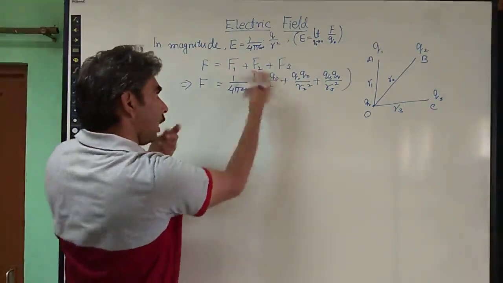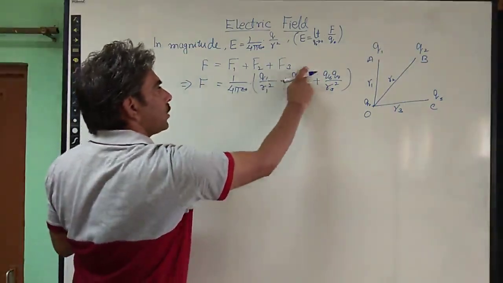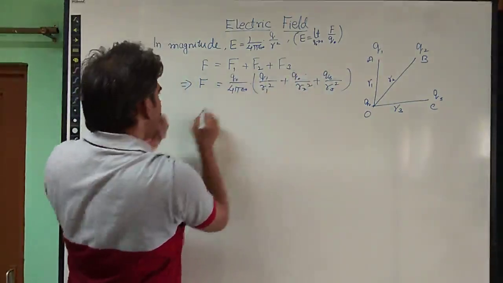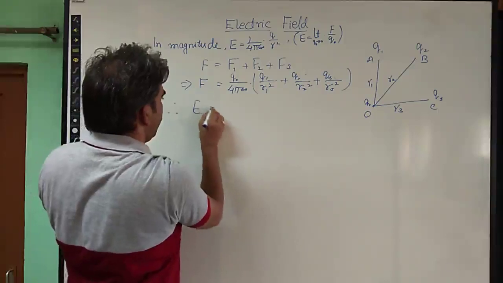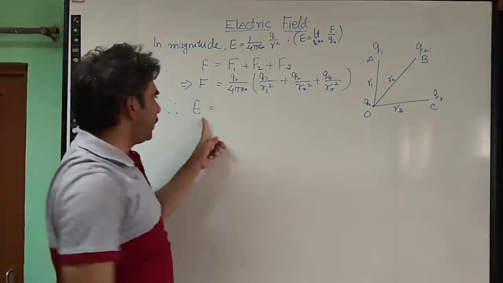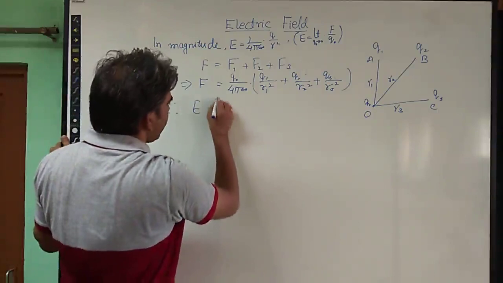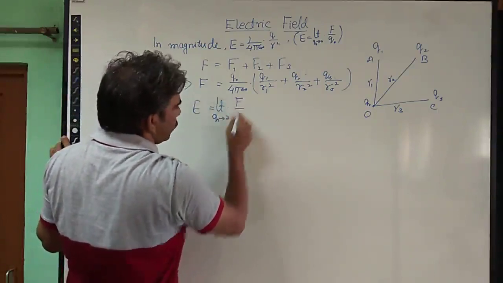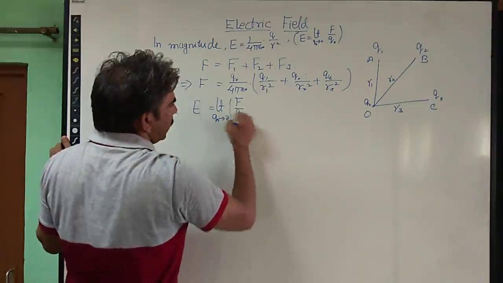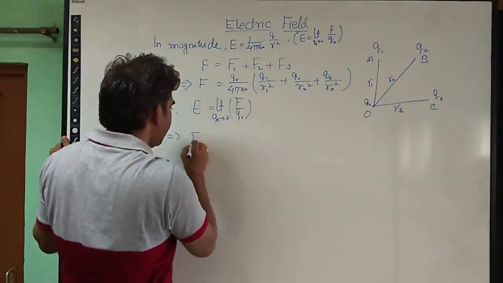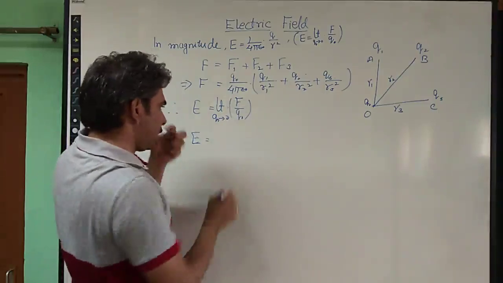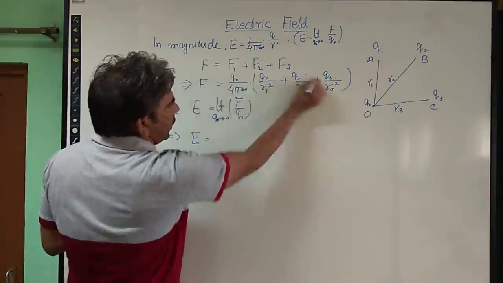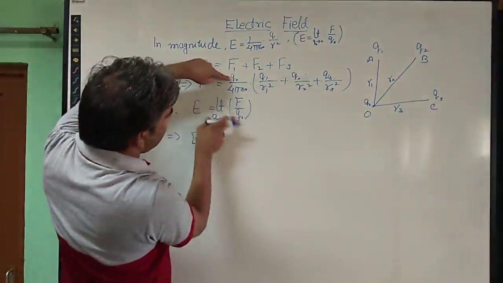We can take Q naught outside the bracket. Therefore the electric field is given by, as the test charge is very small, the ratio of electrostatic force per unit test charge. This gives the electric field due to a discrete distribution of charge. So it simply means we divide the electrostatic force by Q naught, so Q naught cancels out.